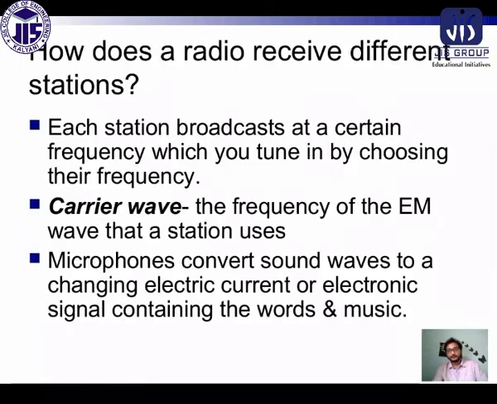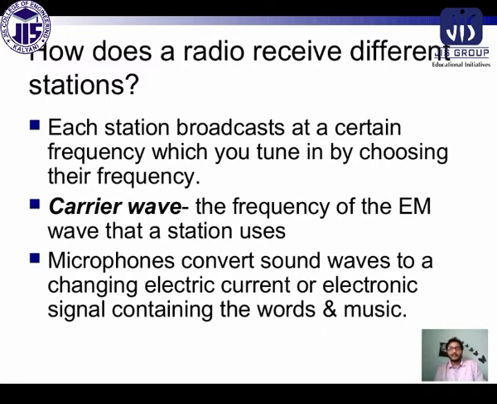Okay. So the next question is, how does a radio receive different stations? Different stations means, as we already know, in previous days we used AM, then FM came. AM means amplitude modulation, and after a few days frequency modulation came.